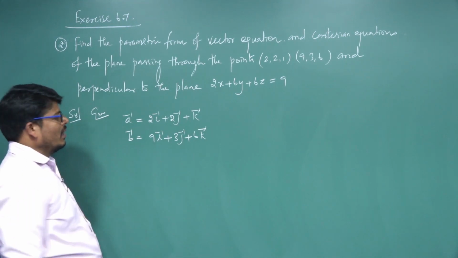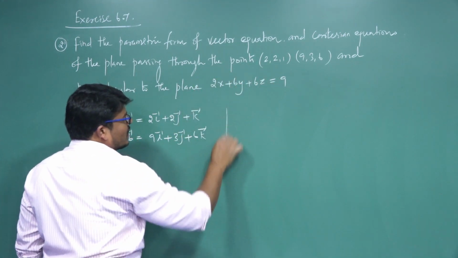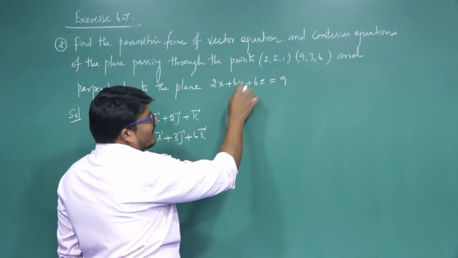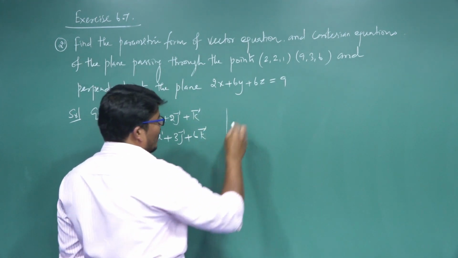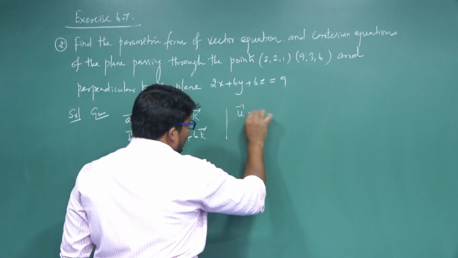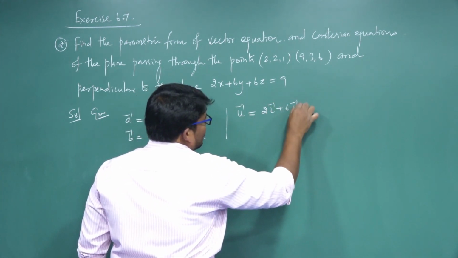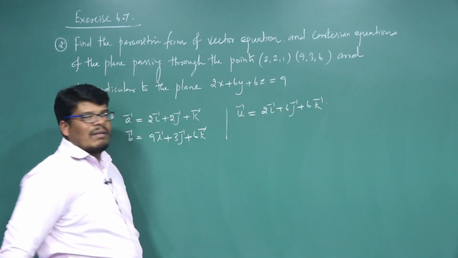The perpendicular vector 2i + 6j + 6k is a perpendicular vector, and the perpendicular vector is also a parallel vector. Therefore, the parallel vector u = 2i + 6j + 6k.